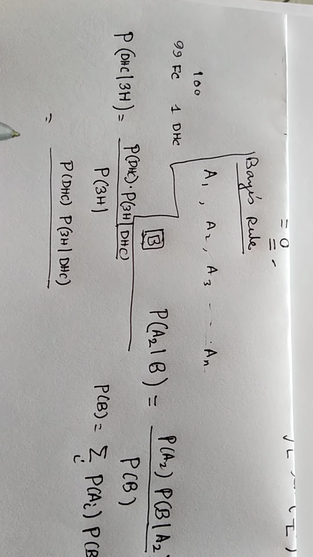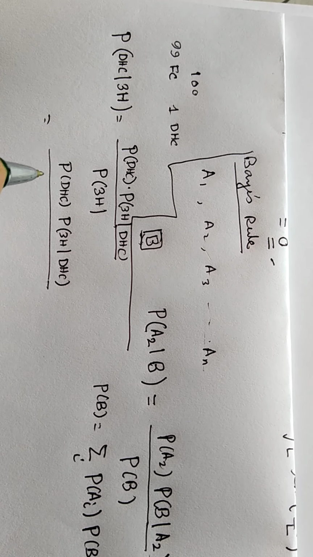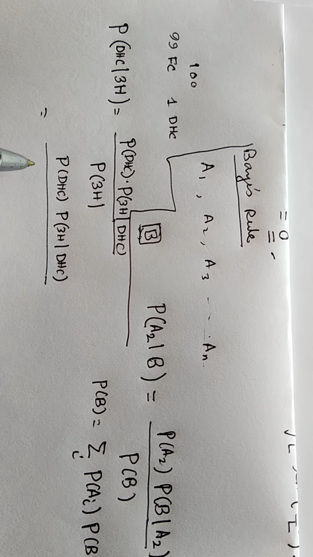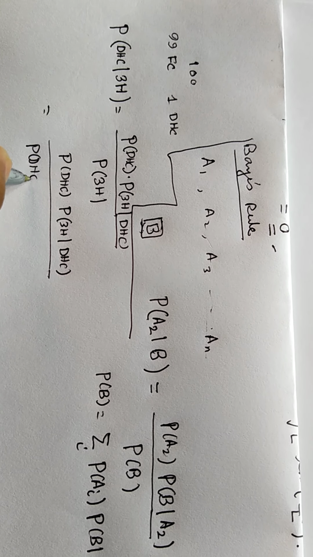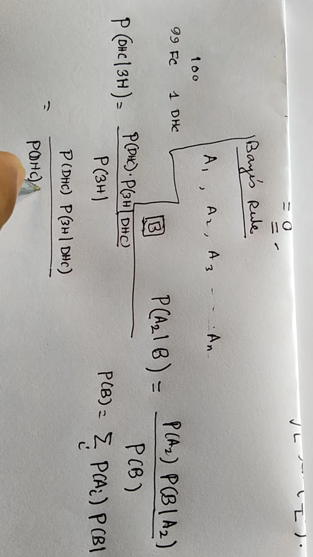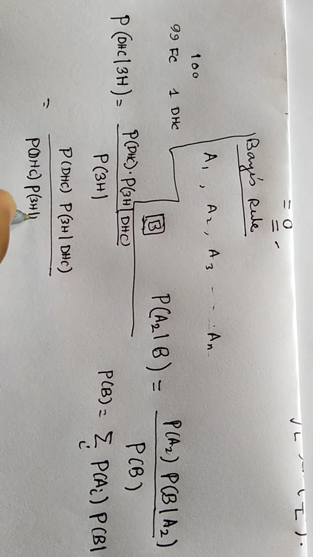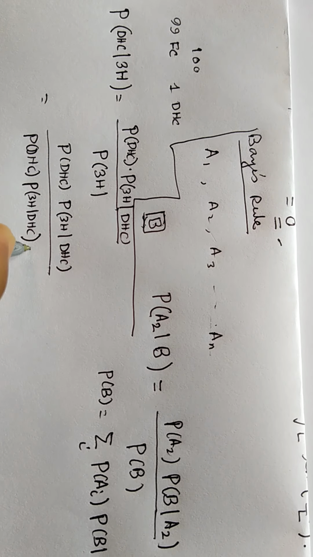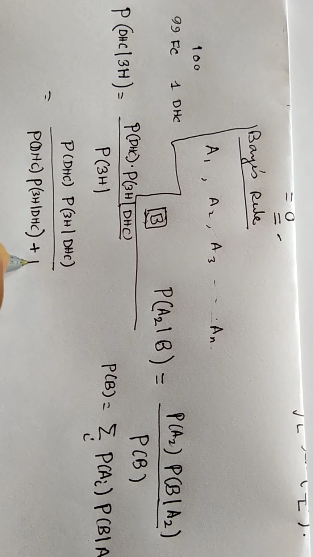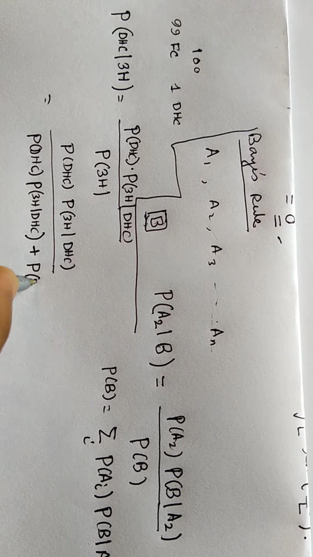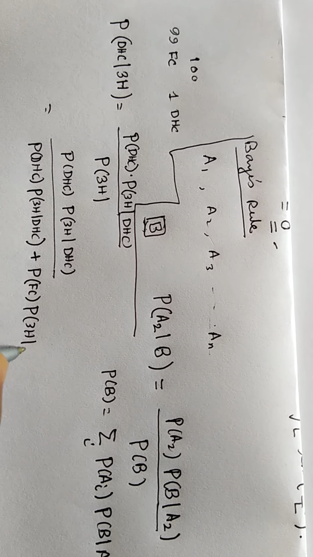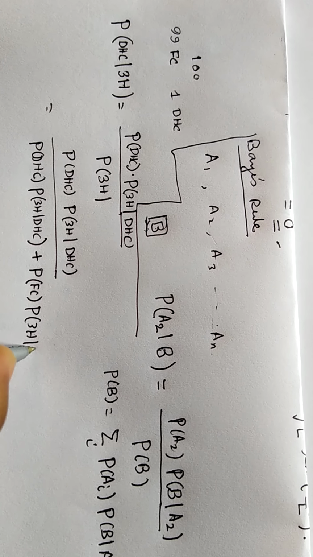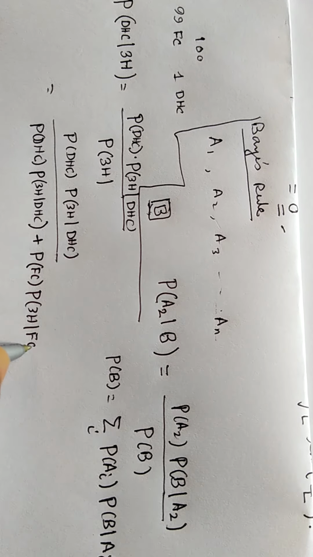And then here it will appear from both the coins. So first, the probability that the double-headed coin is taken, then the probability of 3 heads due to the double-headed coin, plus the probability that you have chosen a fair coin, and then the probability of 3 heads provided that you have chosen a fair coin.